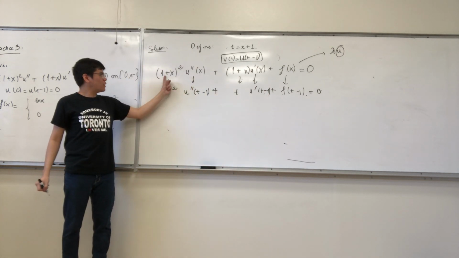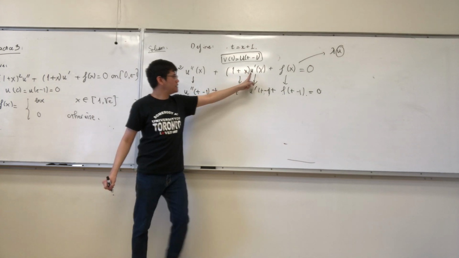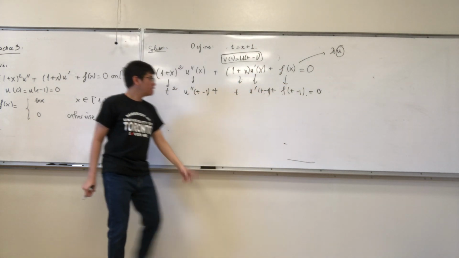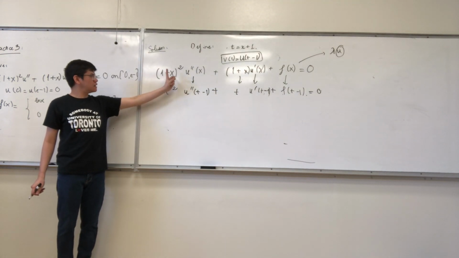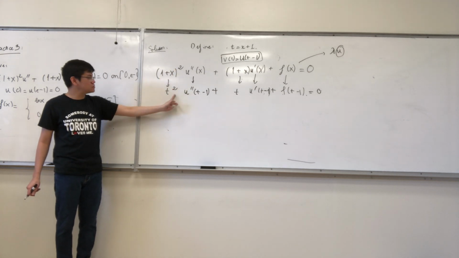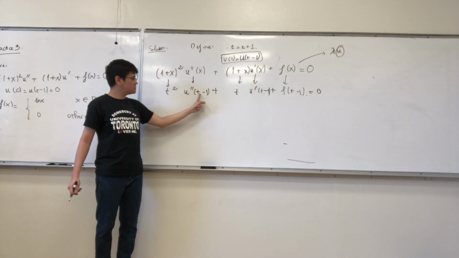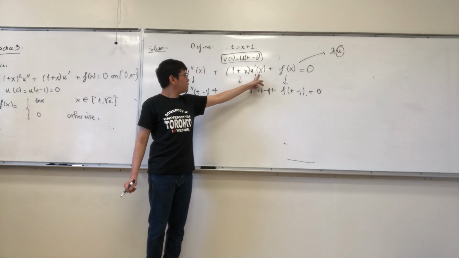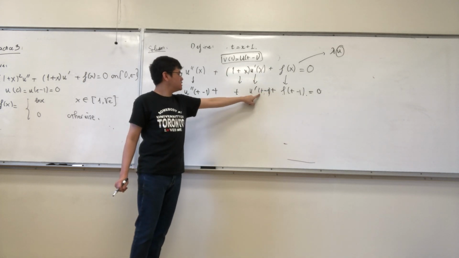You have (1 plus x) squared u double prime of x plus (1 plus x) u prime of x plus f(x) is 0. Now I put 1 plus x to be t. So this is going to be t squared. U double prime of x will be u double prime of t minus 1. U prime of x will be u prime of t minus 1.